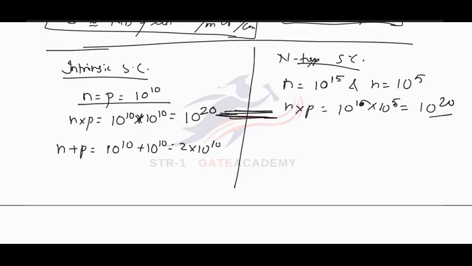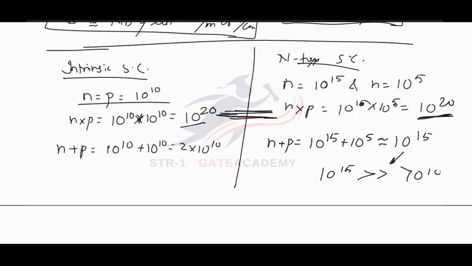We have changed the composition, but we have kept the material at thermal equilibrium, and according to mass action law, the product of electron and hole concentration is same in both the cases. Now if we add the total number of charge carriers, then n plus p equal to 10 raised to power 15 plus 10 raised to power 5 is nearly equal to 10 raised to power 15, which is very much greater than 10 raised to power 10, as this much difference is there in the total charge carrier concentration in extrinsic semiconductor and intrinsic semiconductor.